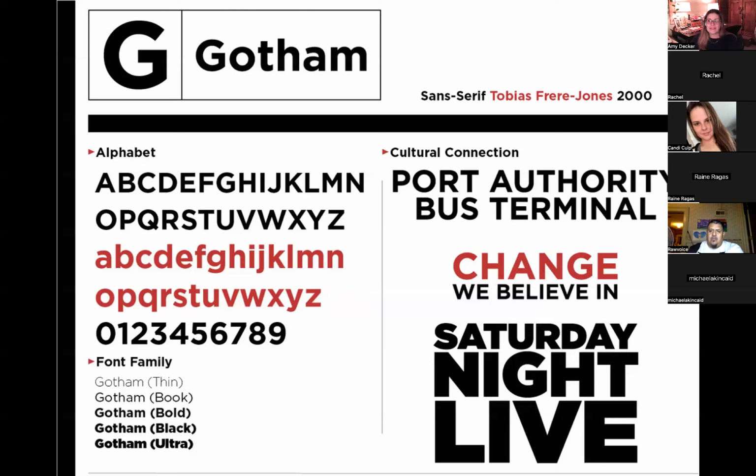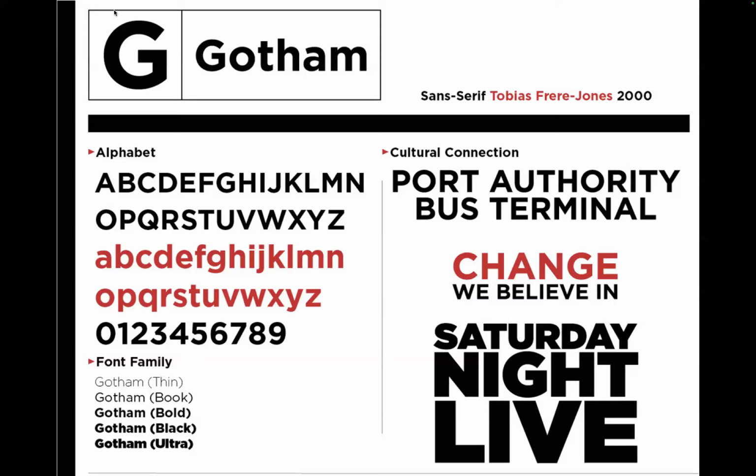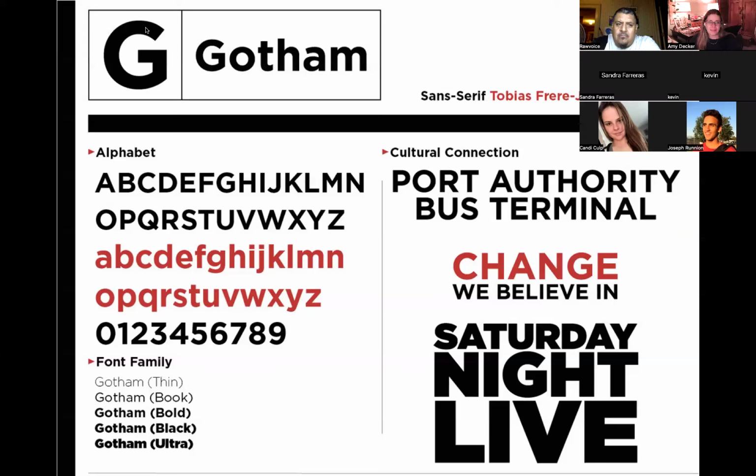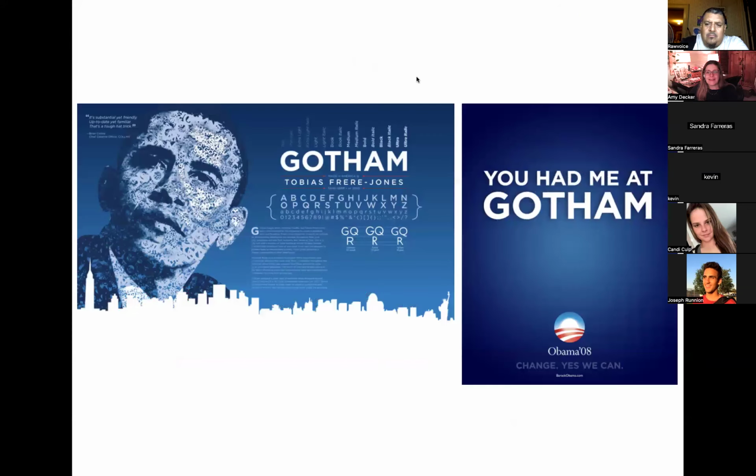I'm going to give you a hint. The design came out of Chicago in, is it 2008? Is it just the Saturday Night Live thing, or is it the Obama thing? It's Obama, exactly. The Obama campaign used Gotham for the 2008 campaign.